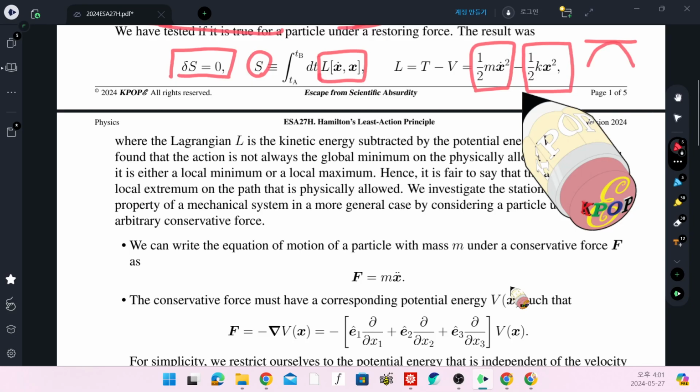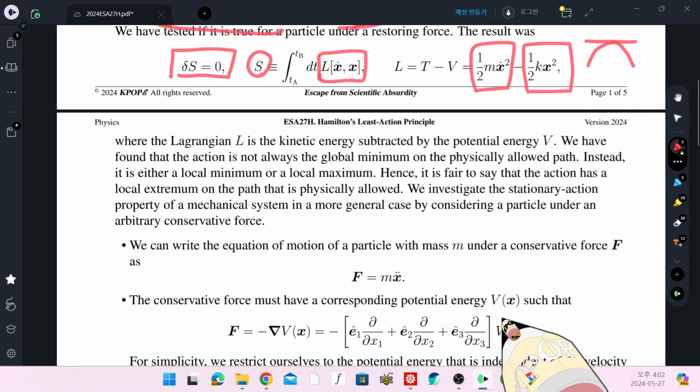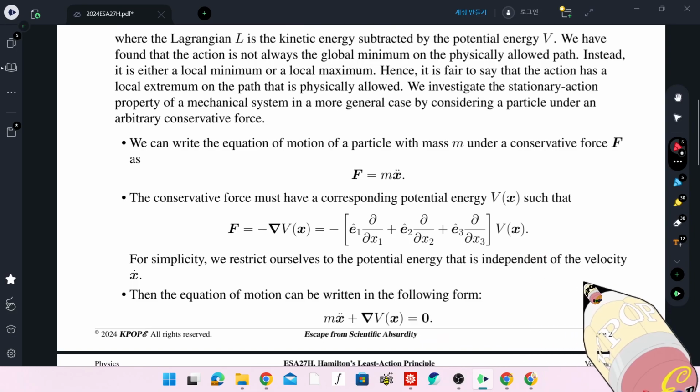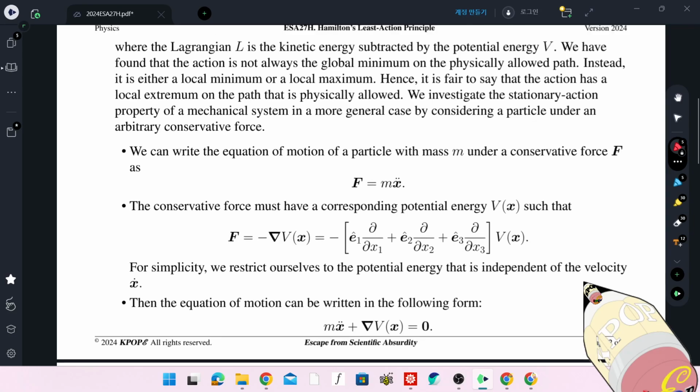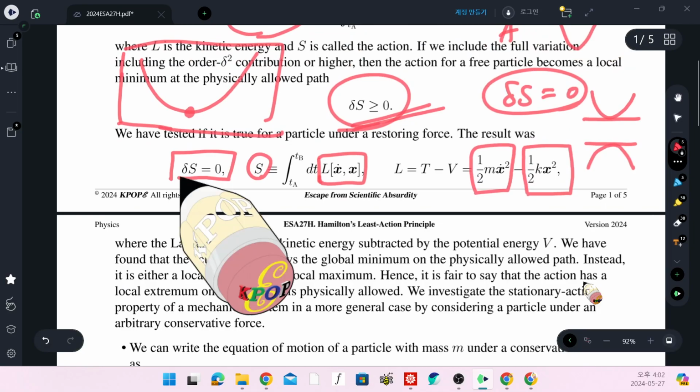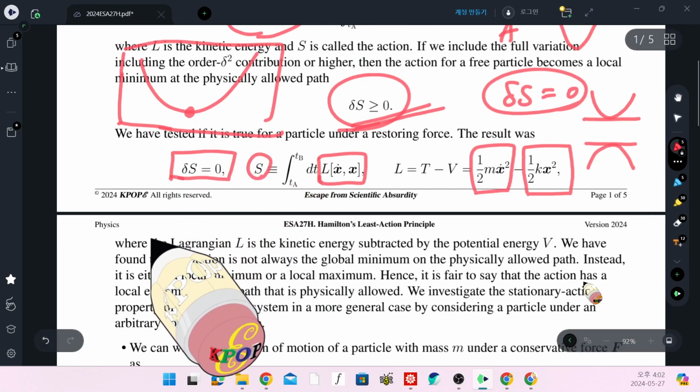Instead, we have considered only a very simple case that is called the simple harmonic oscillator. All right. However, depending on the path of variation, the delta S at order delta was 0.